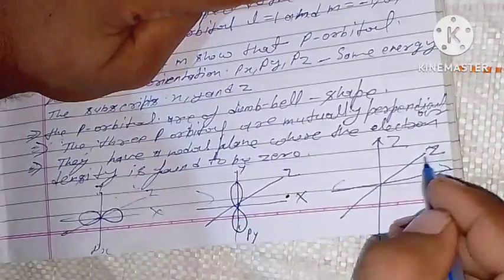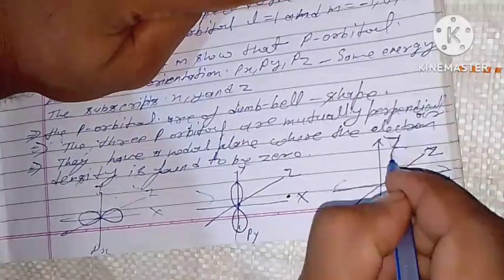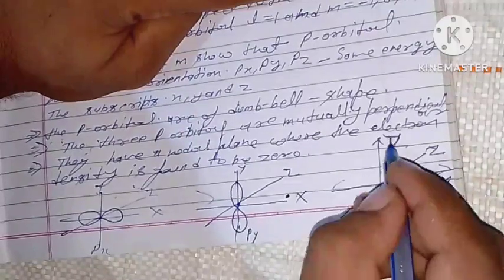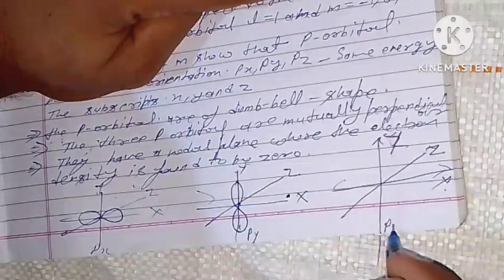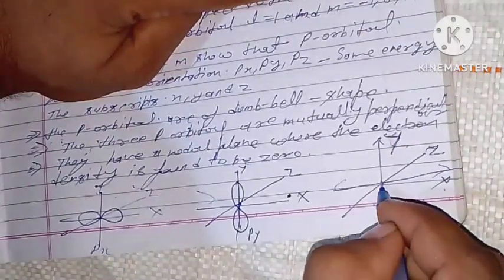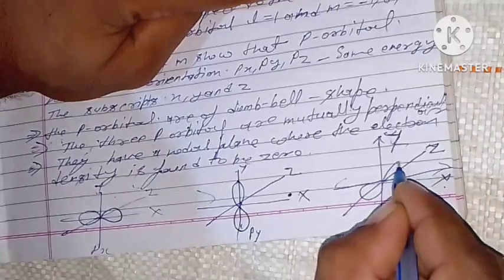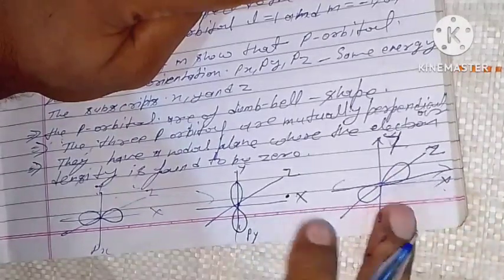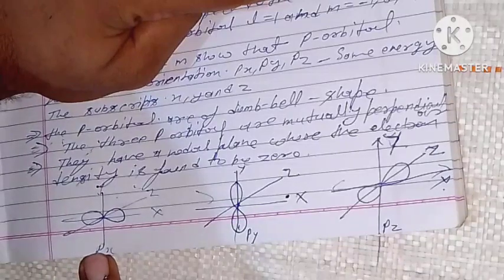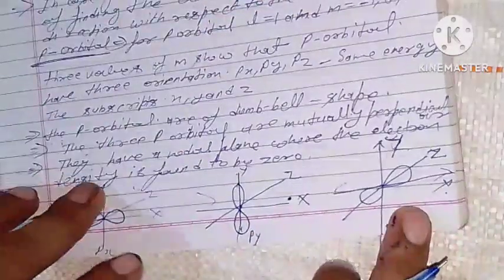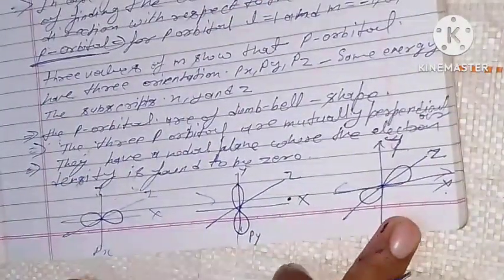Then the p orbital shape is as so. This is the p orbital shape. This is px orbital, this is py orbital and this is pz orbital.